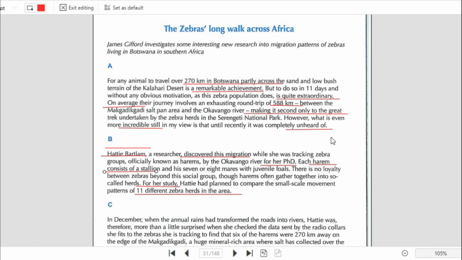This is what we got from this passage. So the main point is, this person discovered this migration for her PhD, and this harem consists of a stallion, then 7-8 mares with juvenile foals, and there is no loyalty between them. And for her study, she did examine 11 different zebra herds in the area.